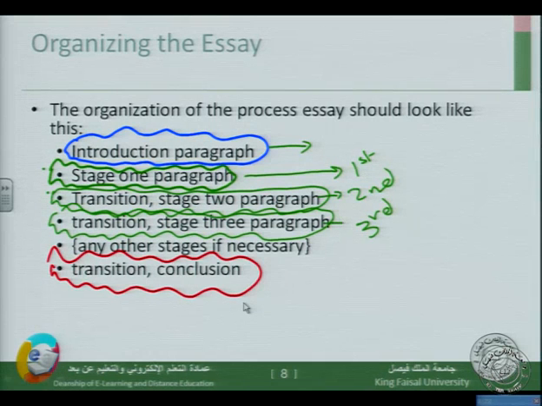Notice that each paragraph takes 1 reason in the topic sentence. Then we have a conclusion. The conclusion summarizes the thesis statement and the 3 reasons. So this is how to organize your essay. Again, this is kind of a summary for our last classes. Cool.